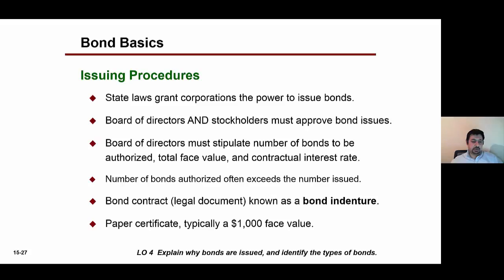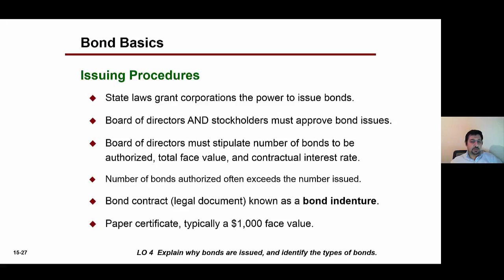Once this has been approved, the board of directors will decide on the number of bonds to be issued and the terms of the bonds, basically. So the number of bonds that will be authorized, the face value, as well as the contractual interest rate. This is the interest rate that will be paid to the lenders. And later on, the company will issue a certain number of bonds.